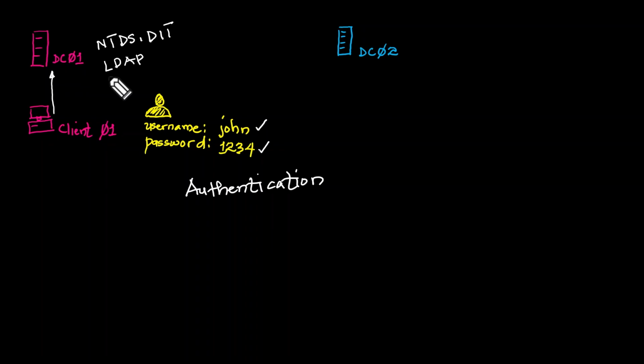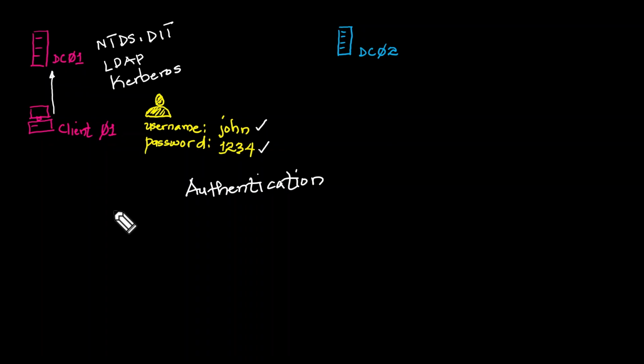Then we have another one called Kerberos. Kerberos is used to do the authentication for the user, right? So authentication is done by Kerberos, and then the searching of the database is done by the LDAP protocol, okay?